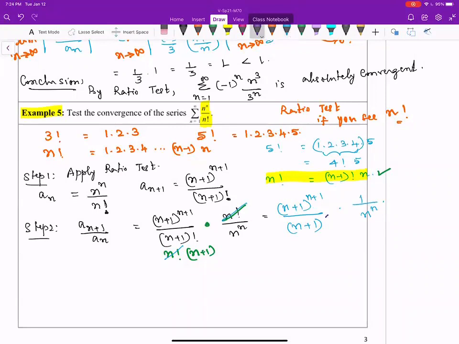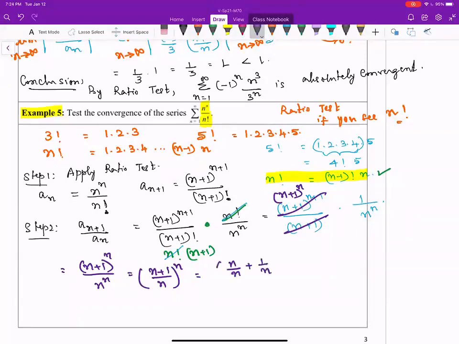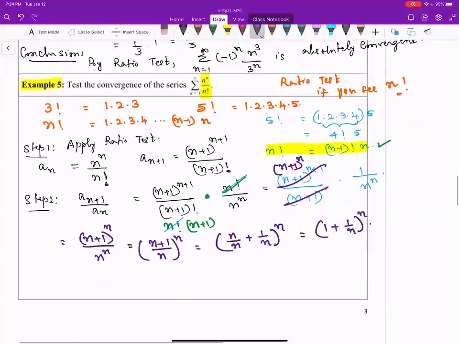So if I cross out one of them here, I'll get (n+1) to the power n. So this becomes (n+1) to the power n divided by n to the power n. This is (n+1) divided by n, to the power n. If I reduce it, it's (n over n plus 1 over n) to the power n. It's (1 + 1/n) to the power n.